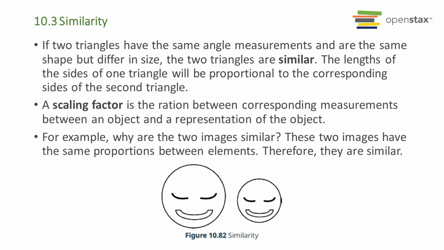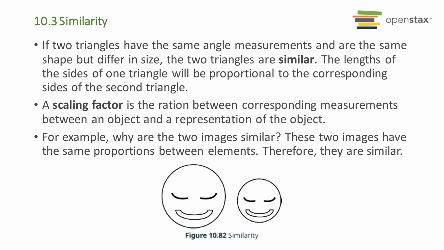So another thing that we use to compare not just triangles, but triangles are powerful, but in general, and especially in graphic design and arts, is something called similarity. If you have two images and they are similar, then one is really just a scaled version, a larger or smaller version of the other.